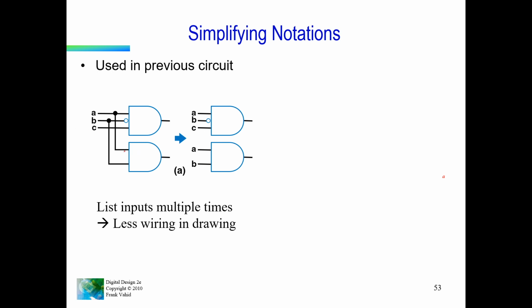Instead of connecting, for instance, if you want to connect the inputs of this AND gate to A and B, you can directly wire it to A and B, or instead of connecting this by wires, for showing a more simplified version, you can write A and B so that we know that this A is connected to here and this B is connected to here. This is done in our previous example.